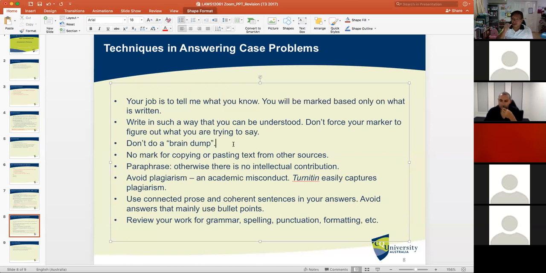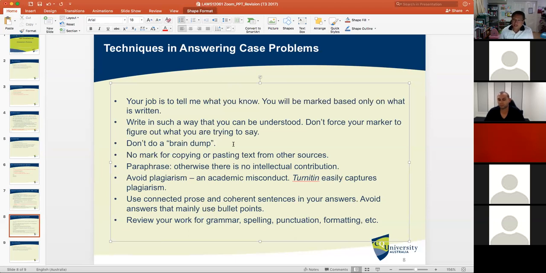I need you to use your own words, because by using your own words, it tells me whether or not you understand what you're saying, and it is also a way by which you're able to make use of the sources and use them to advance an argument. Okay, so paraphrase. Now, this is another point. I've had about 2 or 3 students where the level of plagiarism was quite high. I was tempted to file an academic misconduct report.